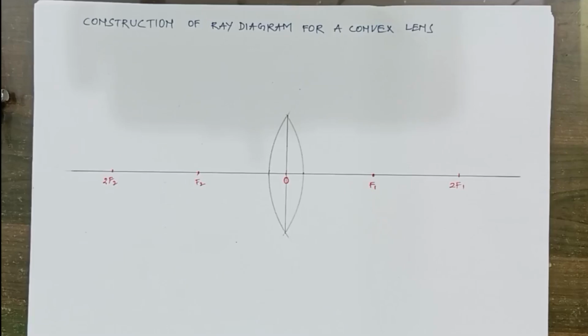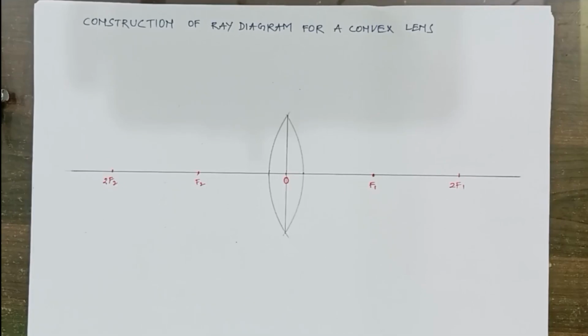The second principal ray is incident parallel to the principal axis. After refraction, it passes through the focal point on the principal axis. The third principal ray is that which is incident through the principal focal point, and after refraction is refracted parallel to the principal axis.